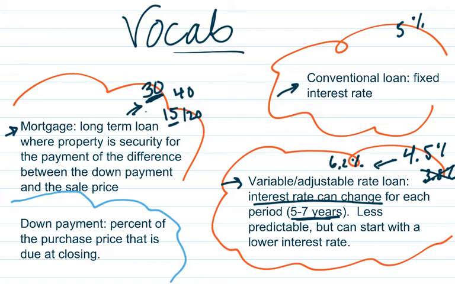So it depends. You can probably tell by the way that I talk about this that I'm not a risk taker. So I would probably be more geared towards getting a fixed interest rate loan because I wouldn't want any surprises to happen over the next 5 to 7 years and find out that all of a sudden I might not be able to make my payments anymore.